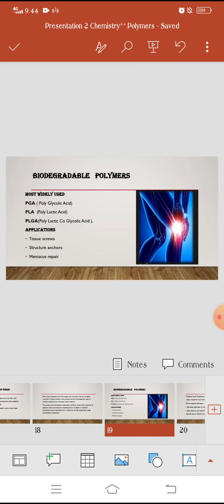Biodegradable polymers. Most widely used are PGA, polyglycolic acid, PLA, polylactic acid, PLGA, polylactic-co-glycolic acid. Their applications are tissue screws, suture anchors, meniscus repair.